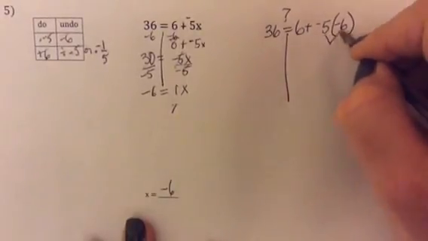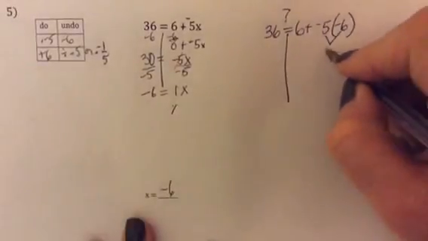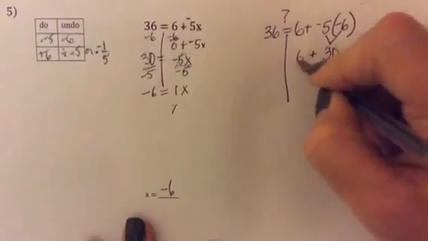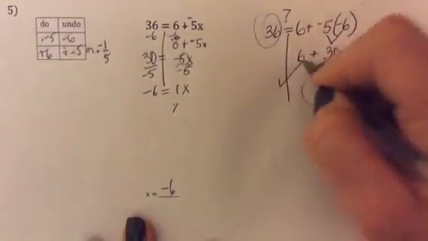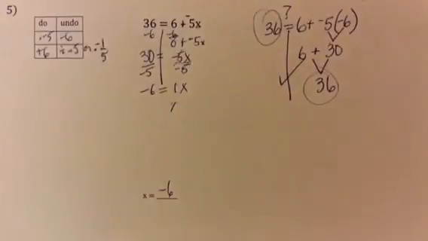I'm going to multiply first because that's order of operations, and I get 30, negative 5 times negative 6, and then when I add 6, I get 36. 36 on both sides, it checks. And we're finished. If you need to go back and rewind on any of these, please do, and make sure you've got each one of those corrected.